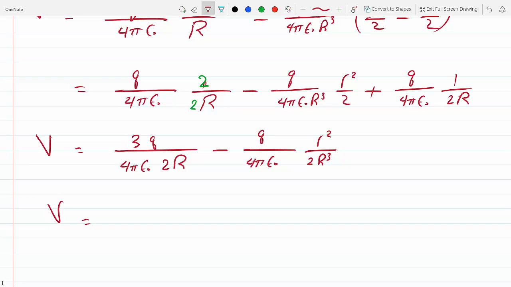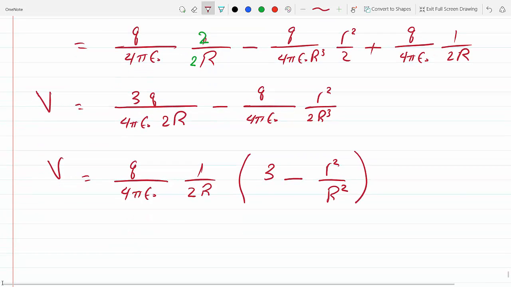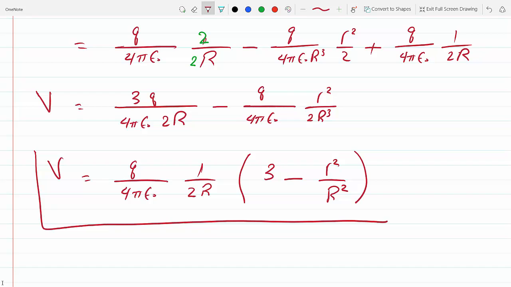And if we factor out Q over 4 pi epsilon and 1 over 2R, from the first one we have left 3, and from the second one we have left r squared over R squared. Okay, so this is our potential.